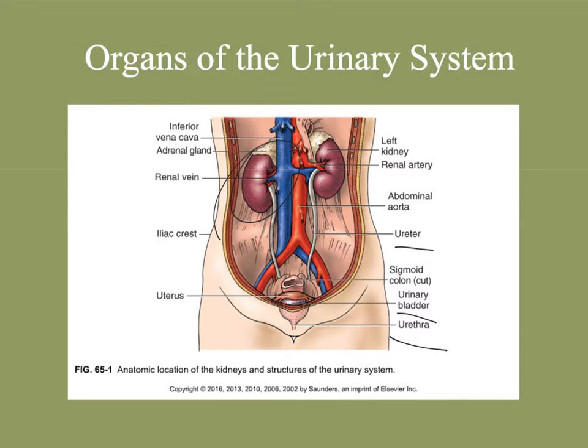So there are a lot of jobs that go on in the kidneys, and it's important that we maintain the health of our kidneys. And just to review the other parts of the urinary tract, the ureters: each kidney has a ureter that's like a hollow tube that connects the renal pelvis of the kidney with the urinary bladder.